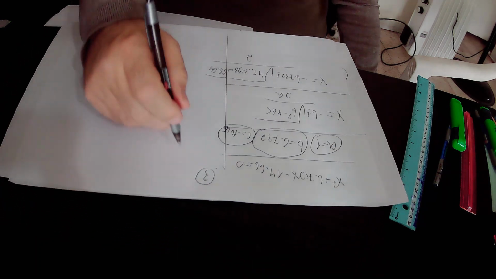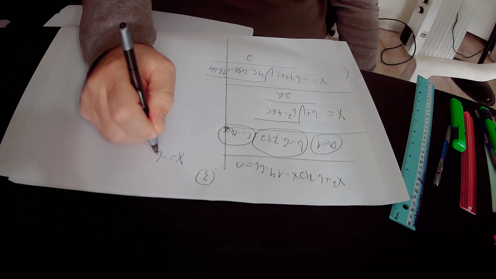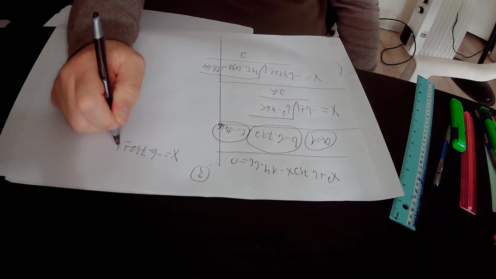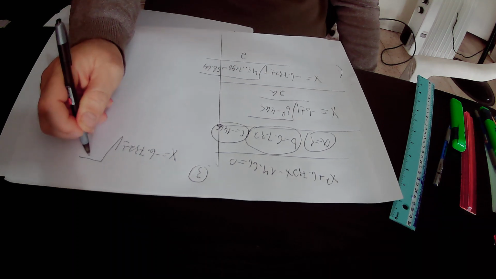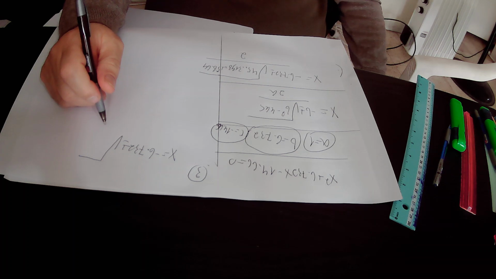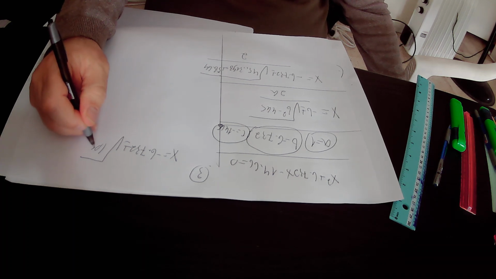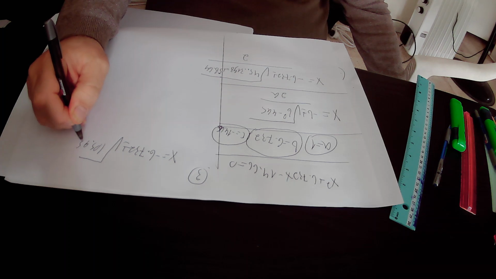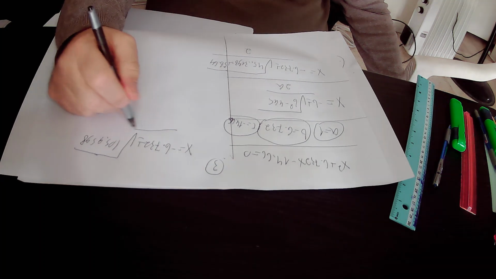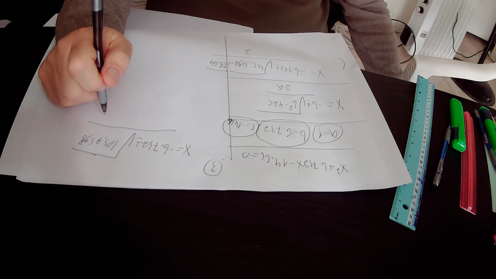So we found out that x equals minus 6.732 plus minus the square root of 45.3198 plus 58.64 equals 103.9598, divided by 2.